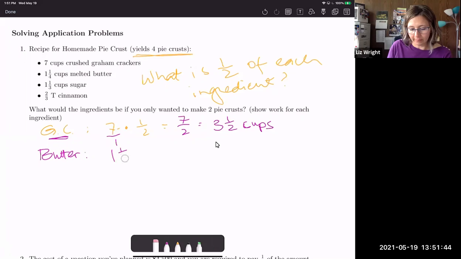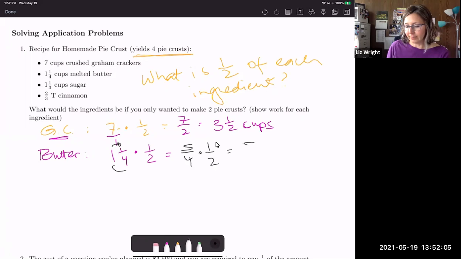I just wrote 1/2. 1 1/4 times 1/2. So again, convert first. And so we're going to have 4 times 1 is 4 plus 1 is 5. So 5/4 times 1/2 multiply straight across is going to give you 5/8 of a cup of butter.